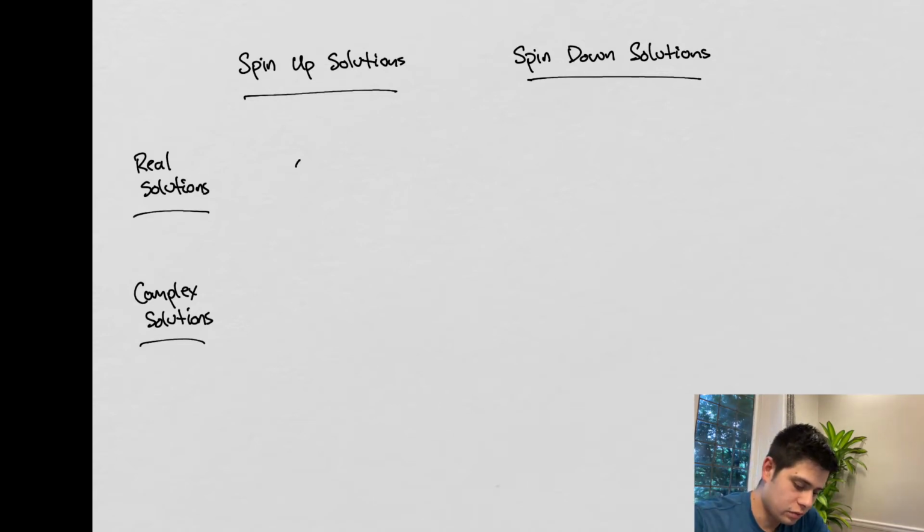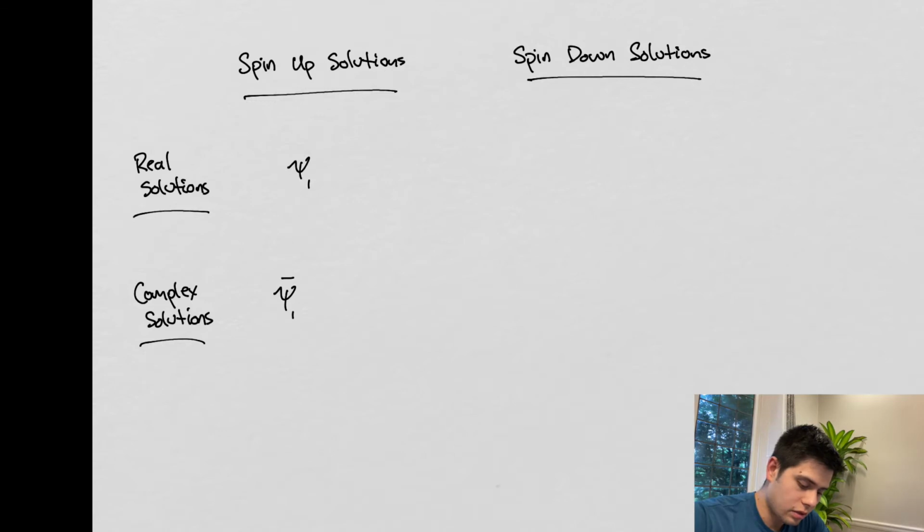So our fields, we're going to give them this symbol again that we've been doing. For our spin-up solutions, we're going to have a complex solution and a real solution.